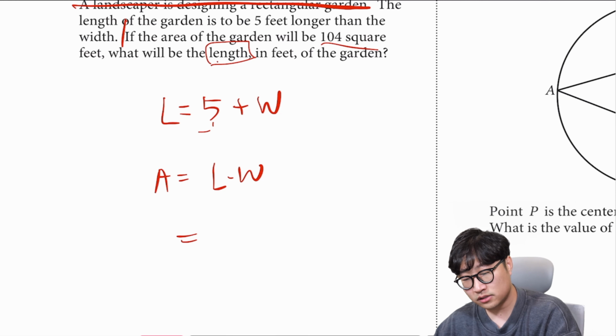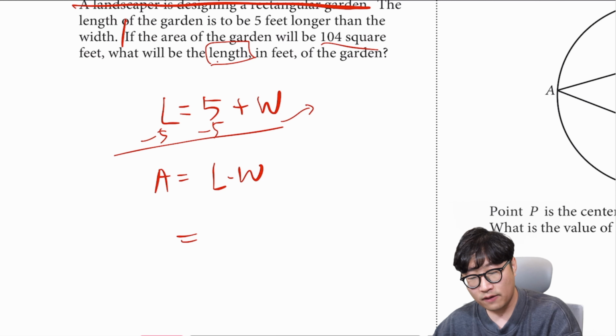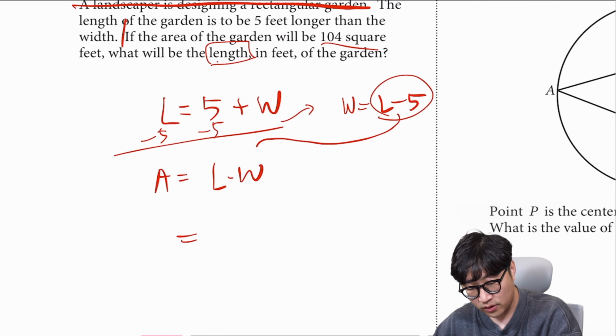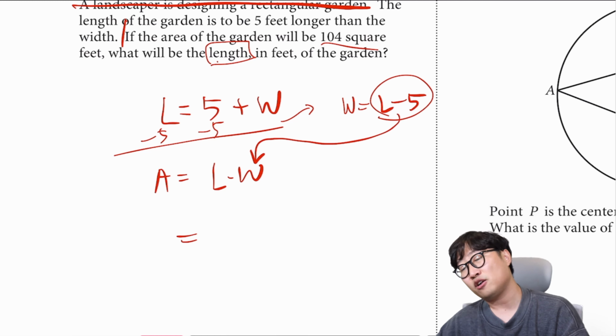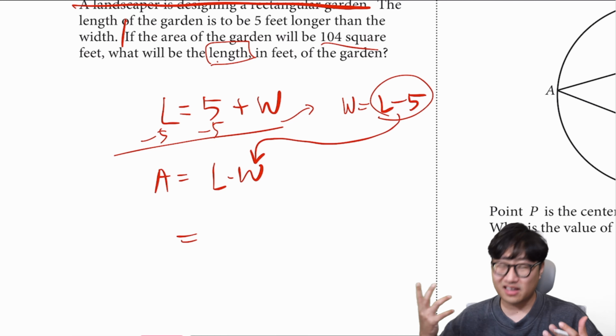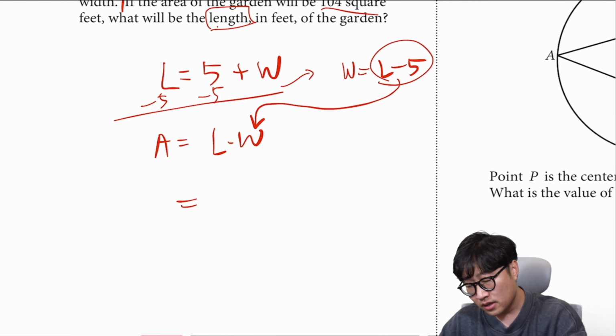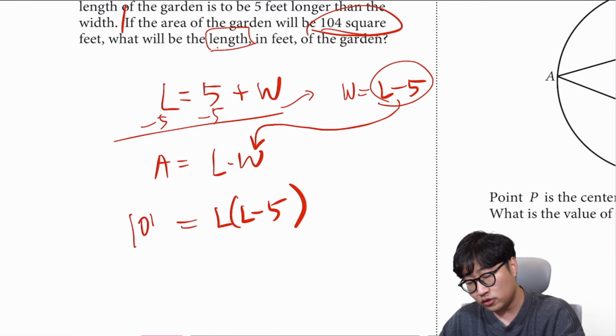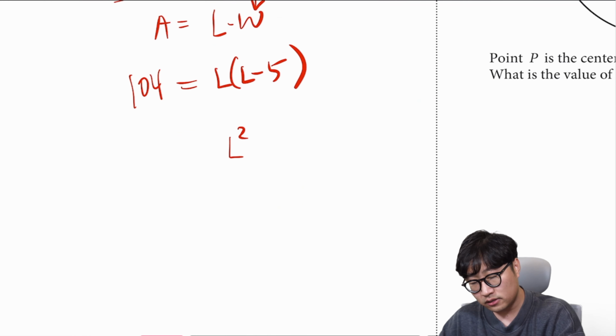So I'll subtract 5 on both sides and have W is equal to L minus 5, because I can put that over here. I'll keep the L because that's what the question's asking for. So L times L minus 5, and the area is 104. So what do we get? L squared minus 5L is equal to 104.